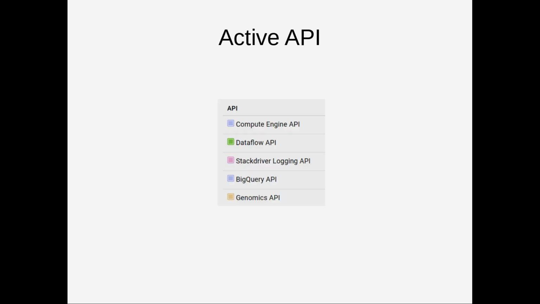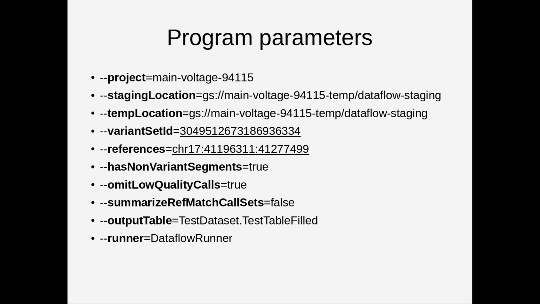Then we have some APIs we need to activate. This is the list. And in case you forget to activate one of those, it's not really an issue. It will be in an error message, easy to read, which one needs to be activated. It's easier to have all of them active at the beginning.